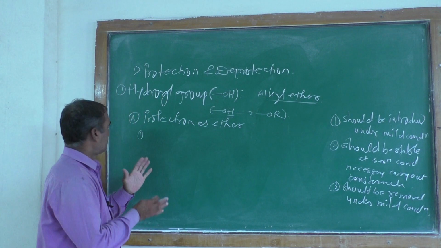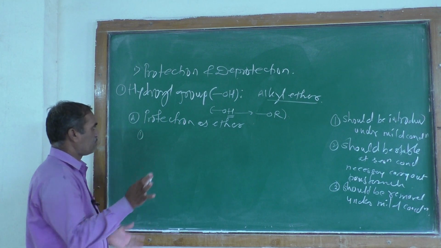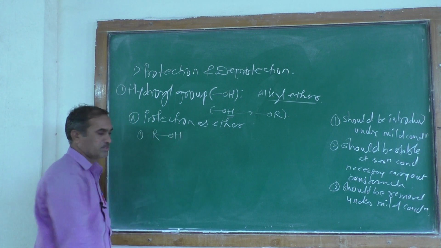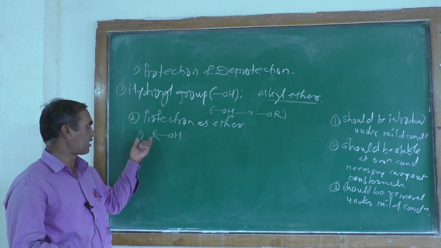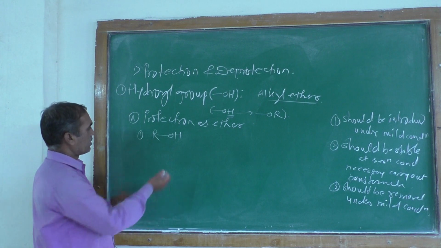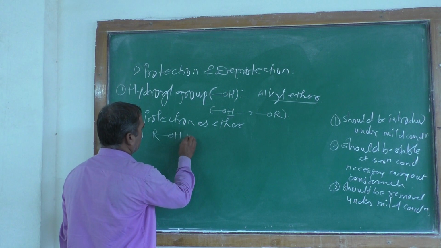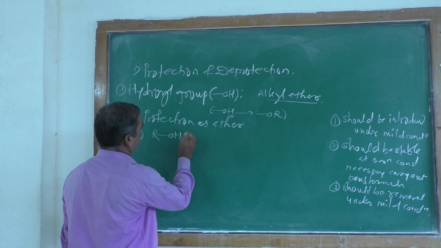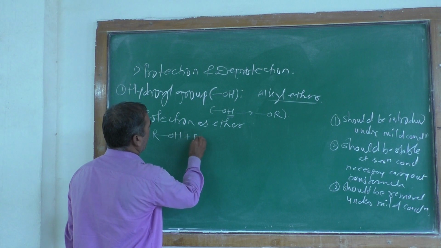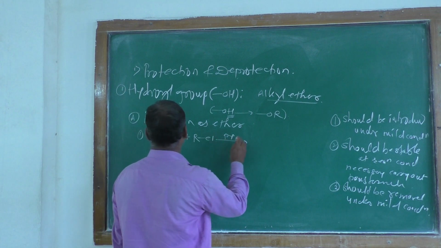First we are talking about alcohol. Everybody knows that ROH is the general formula of an alcohol. If you take Ph, that becomes a phenol. So here ROH, then we use an alkyl chloride, RCl, in the presence of pyridine. What do you get?